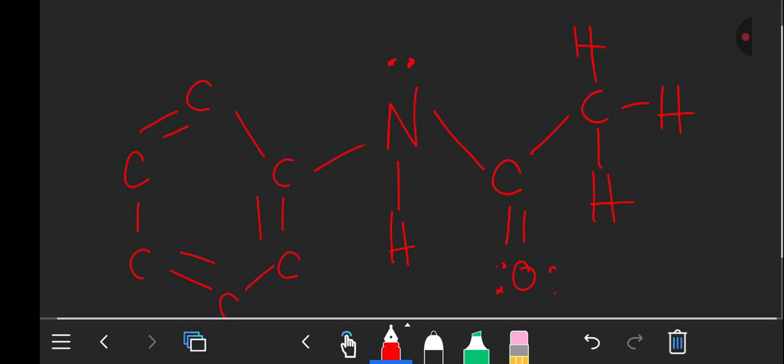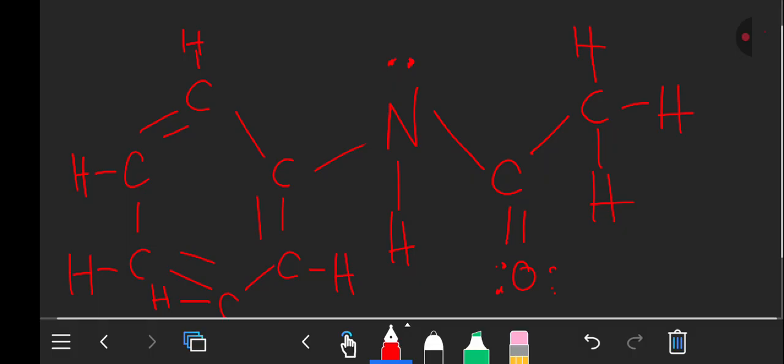Okay. Then on this carbon, we have hydrogen there. On this carbon also, we had hydrogen. On this carbon, we had hydrogen. On this carbon also, we had hydrogen. So we've completed the octet rule. And on this carbon also, the one which is down, there must be 1 hydrogen.